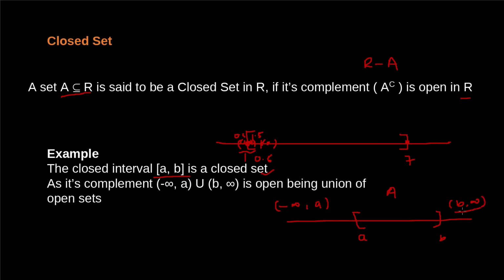So the union of these two open intervals is its complement. So the complement of this closed interval [a, b] is minus infinity to a union b to infinity, both being open intervals. And the union of open intervals, or the union of open sets, is also an open set.